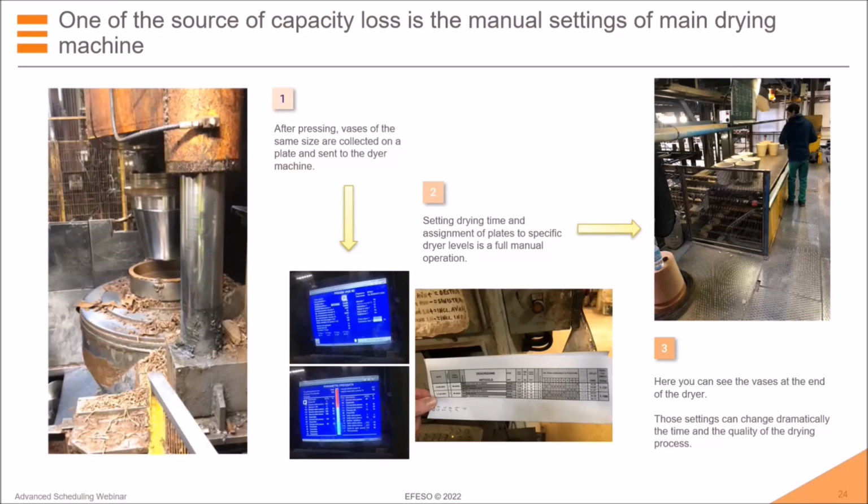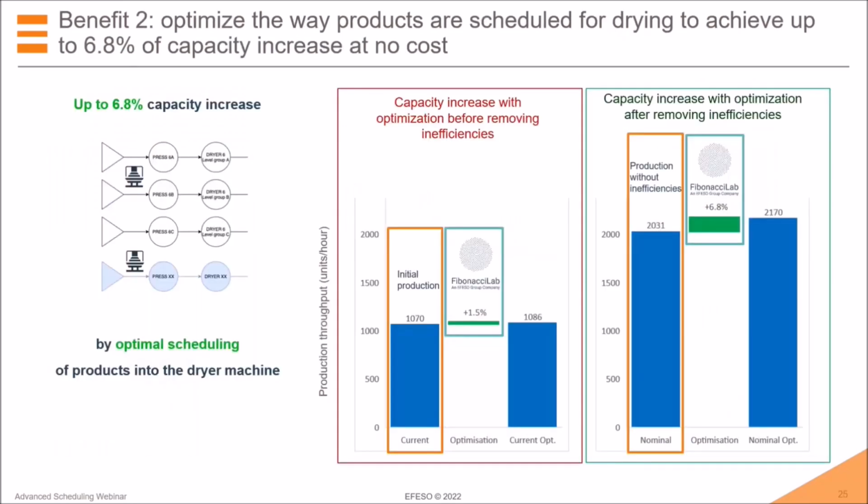So what we did was devise and implement a custom AI algorithm for scheduling based on the digital twin. We were able to achieve up to 6.87% increase in production capacity. Again, at no cost, in a way. I would like to stress that the digital twin is fundamental in this process, because we are not performing optimization on part of the production, press and dryer, in isolation. We focus on that, but the optimization targets the overall production process.